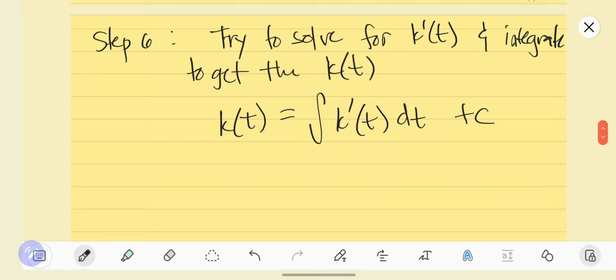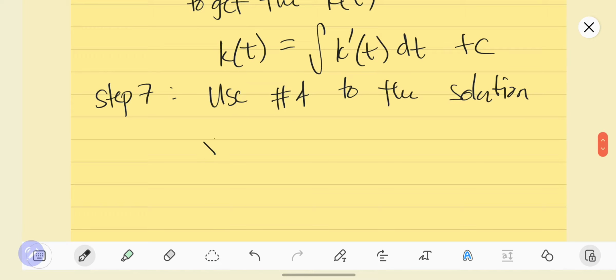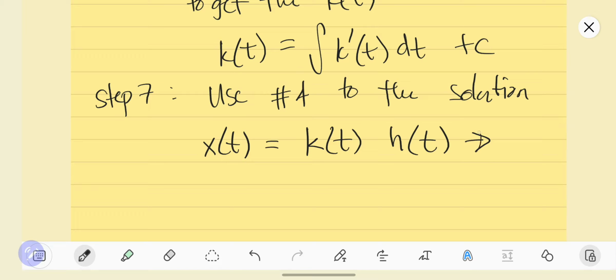And then step 7, the last step, is use the solution from number 4 to find the true solution. So x of t is equal to k of t times h of t. This will be your answer.